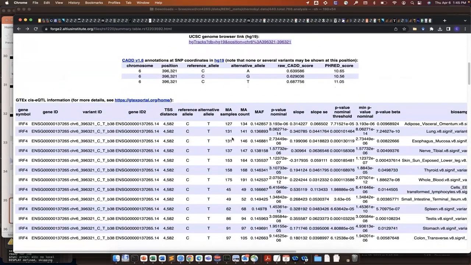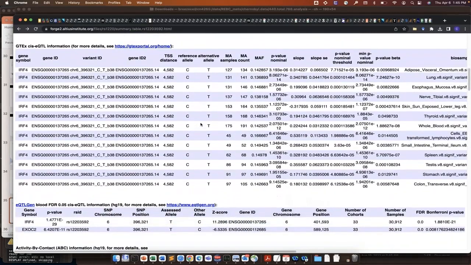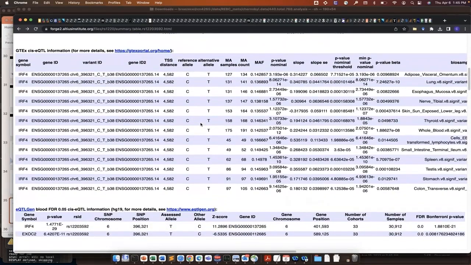Okay, so let's have a look at location first. This is why we have this browser shot. I don't know how fast this browser is going to work. But it's basically overlapping an intron of IRF4, right? And it's a very big intron. I'm just trying to get a big picture here before UCSC crashes on us.